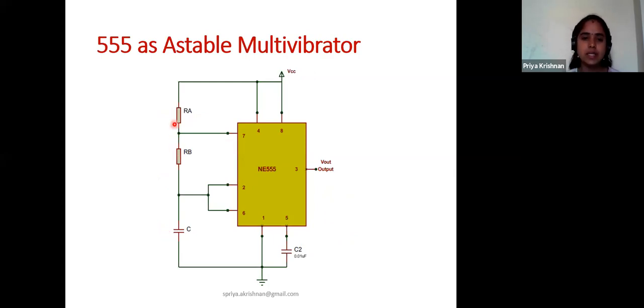From the basic principle of timer, we know that if these two resistors are high, then the capacitor takes more time to charge. If these two resistors are low value, then the capacitor takes less time to charge, so that I can control my charging and discharging time of the capacitor here.